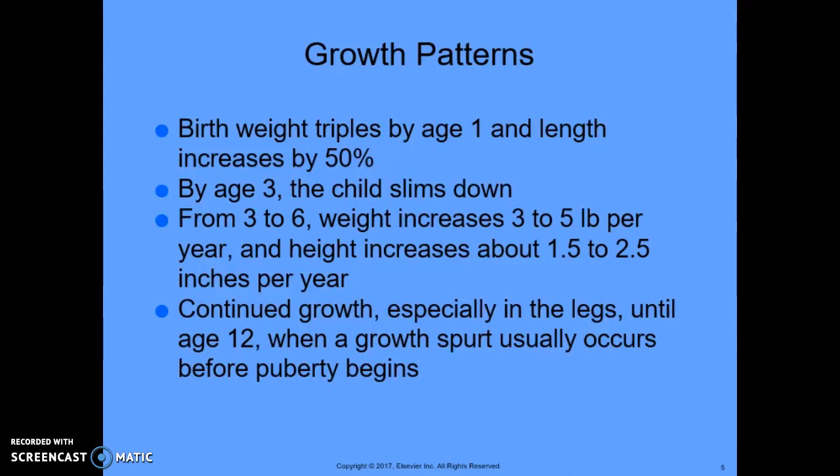There's continued growth, especially in the legs, until about the age of 12, and then a growth spurt usually occurs before puberty begins. By age 4, the child usually has doubled their birth length. And the body mass index, the BMI, can be calculated by dividing the child's weight in kilograms by the height in meters squared.